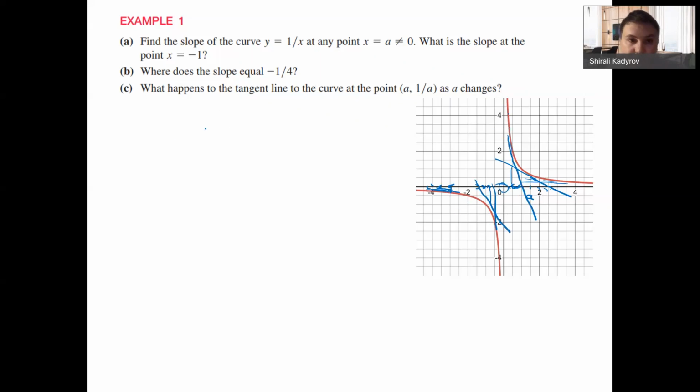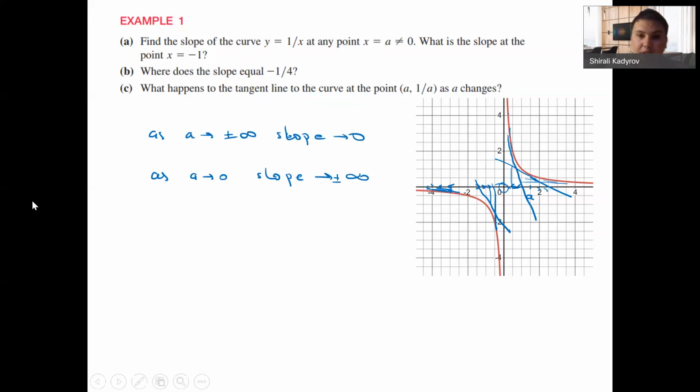So you can say that as a goes to plus minus infinity, the slope goes to 0, but as a goes to 0, the slope blows up. So the slope goes to plus minus infinity, I think. Here it's negative, here it's positive. I think it's plus minus infinity, depending on from which side you're approaching.